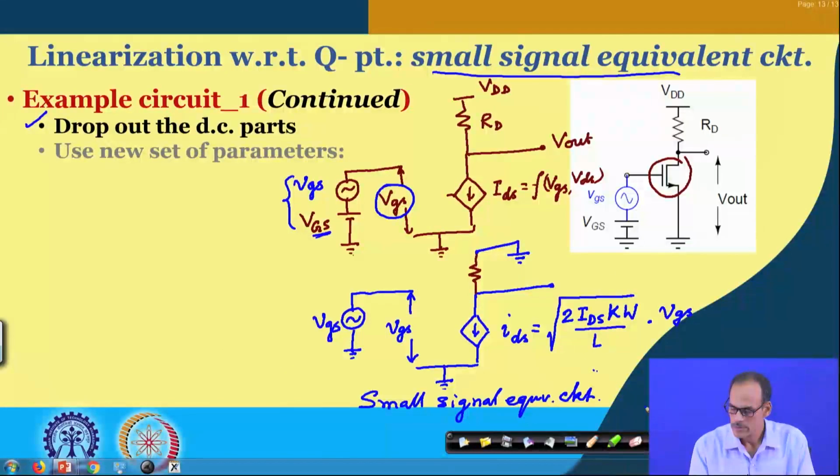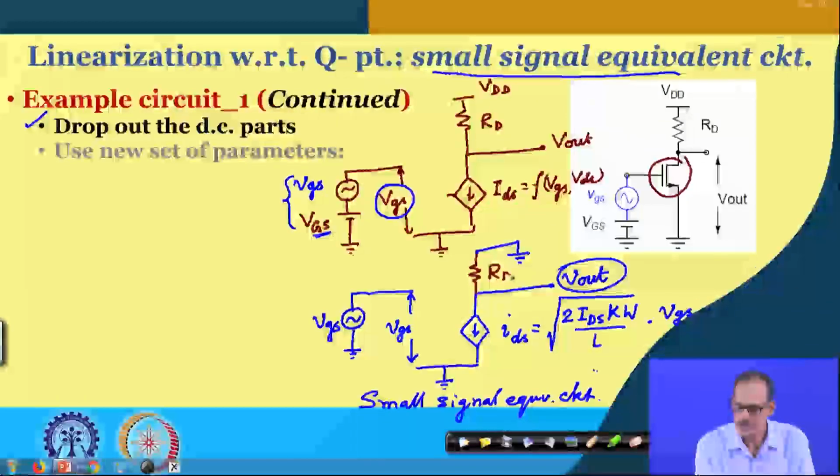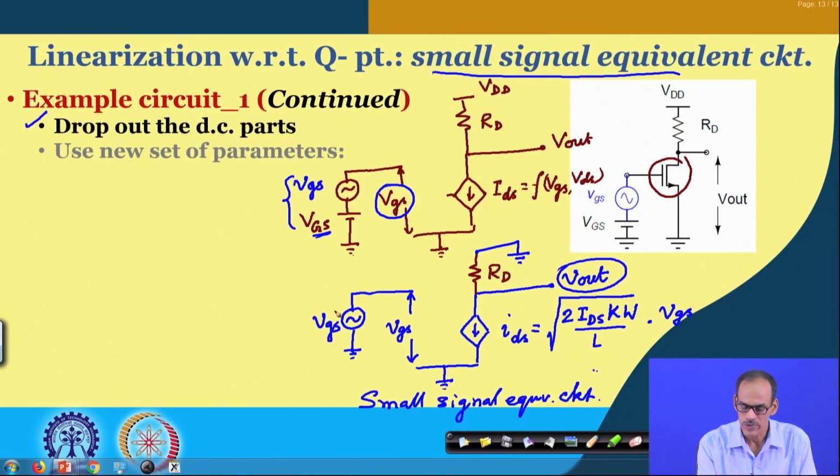The output we observe here shows only the small signal output voltage. Now you can see that this circuit is simplified, and the most important thing is that the linear relationship between this v g s and the v out can be directly obtained by analyzing this circuit. That is what is referred to as the small signal equivalent circuit.